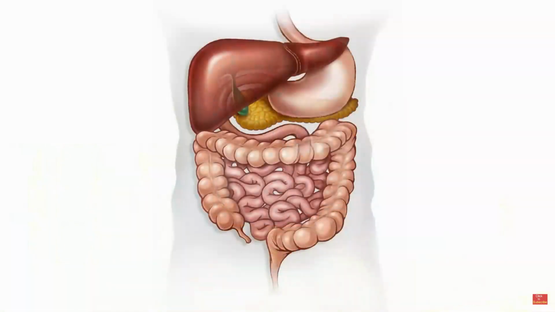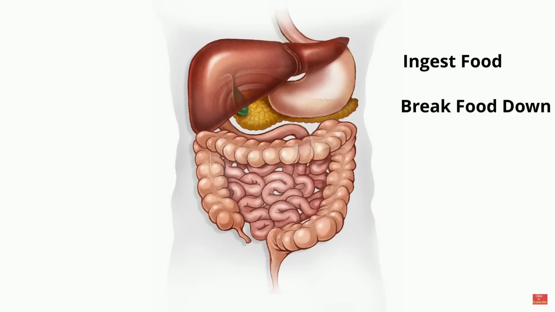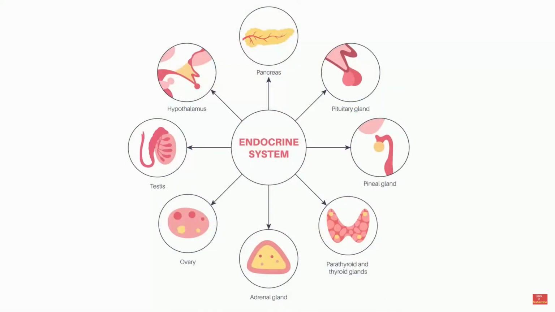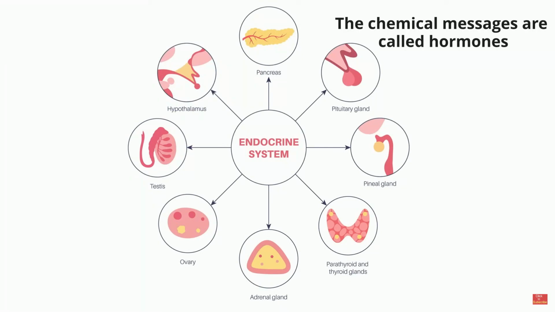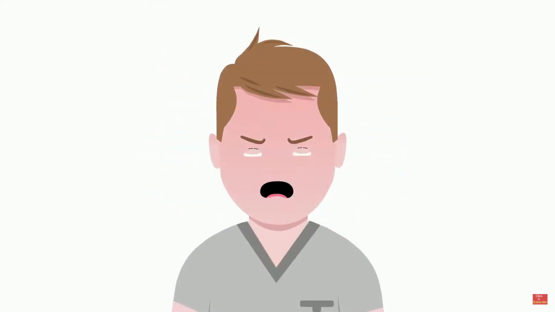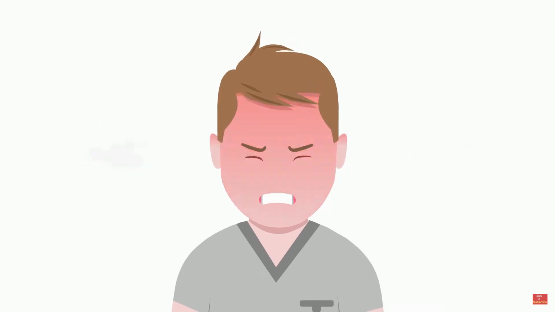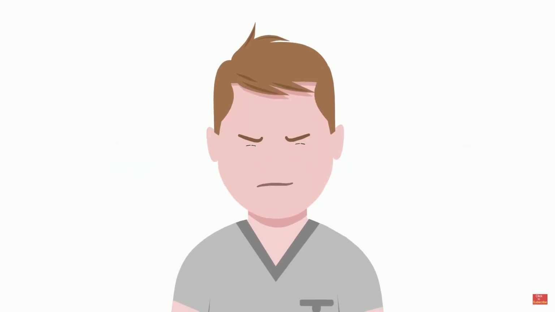It has three main functions: ingest food, break food down so that nutrients can be absorbed, and eliminate what can't be digested. The endocrine system sends chemical messages throughout the body. This system is composed of glands that produce hormones that act as chemical messengers of the body. For example, adrenaline is a hormone that causes you to have a sudden burst of energy.